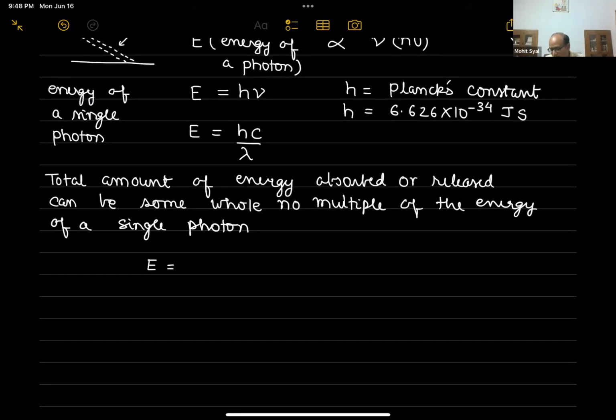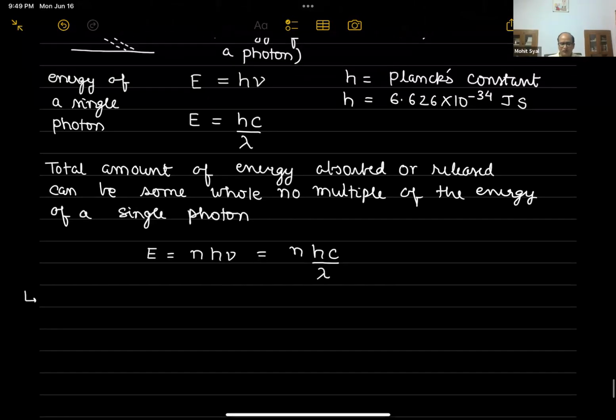It is basically n times h nu, or n into h nu, in integral order. Suppose I can get 10 photons, 20 photons, 30 photons, like that, right? So the total amount of energy released or absorbed by any source is a whole number multiple of the energy of a single photon.